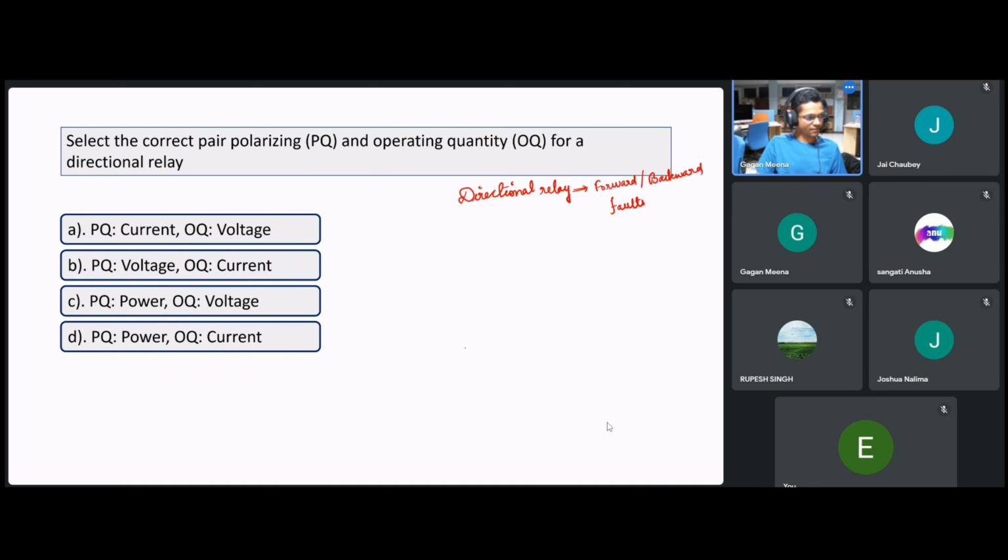Any idea? You said that you have no doubt in the material. Or the question is very simple, it's too simple.